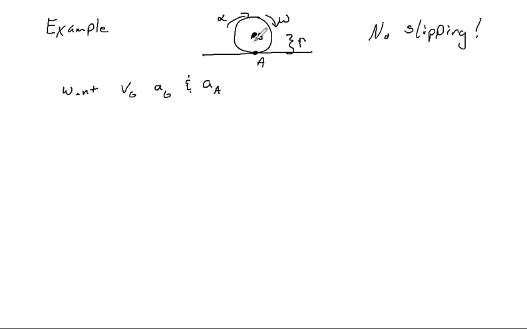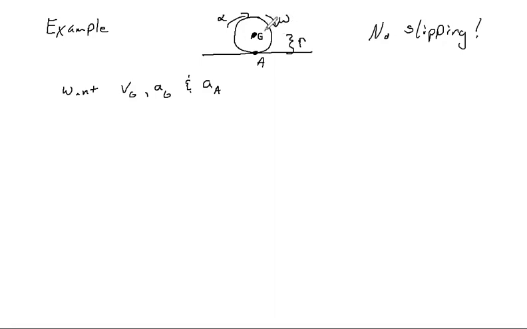So if it rolls with no slipping, we want to find what is the velocity of the center of the wheel, what is the acceleration of the center of the wheel, and what is the acceleration at the point A. And we are going to leave this symbolic in terms of an arbitrary angular acceleration and an arbitrary omega.